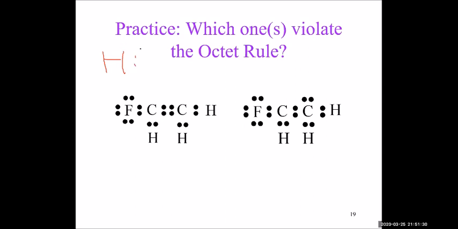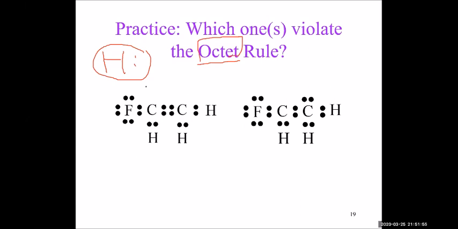If hydrogen shares 1 and becomes 2, like helium, it is also stable, even though it's not technically 8. Because octet means most nonmetals should achieve 8 to become stable. So keep this in mind, and then we can look at these 2 Lewis structures.